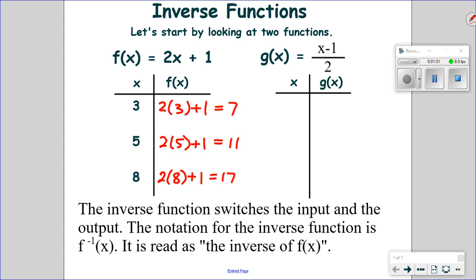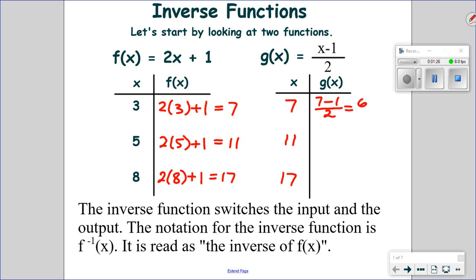Okay, now what I'm going to do is take the outputs for f of x, so 7, 11, and 17, and make those the inputs for g of x. So I'm just going to plug these numbers into g of x. If I find g of 7, I'll have 7 minus 1 divided by 2.